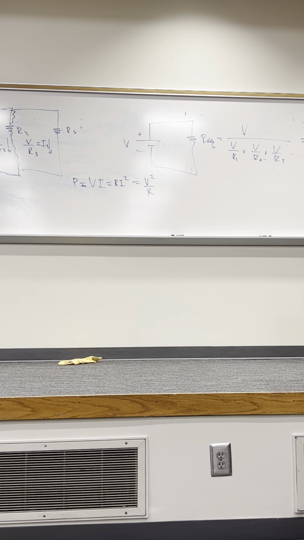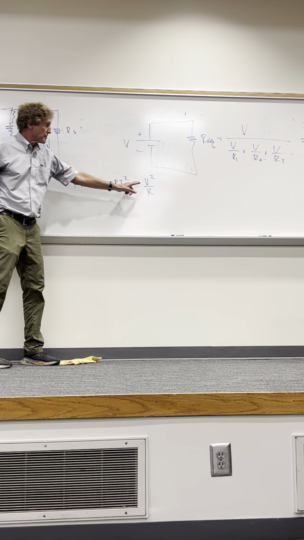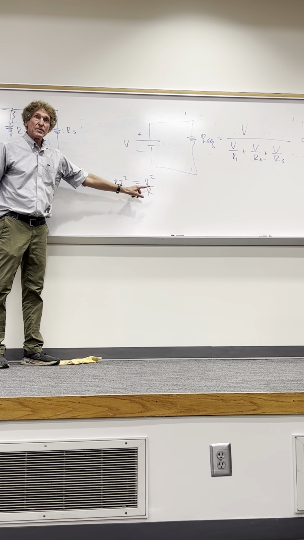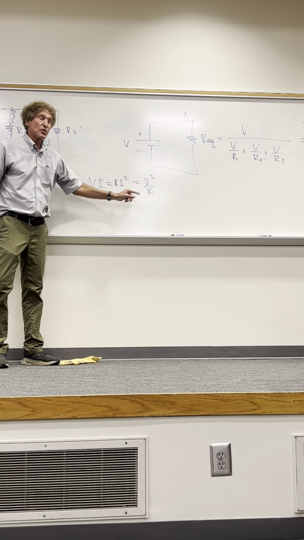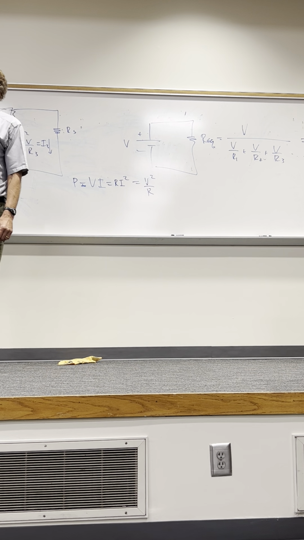Now, the reason I brought up this point about which one would consume the most power, they all have the same voltage. The only thing different is the resistance. And you can see if you wanted to make this term large, you would want to make R small. Y'all with me? In the limit, what happens is R goes to 0.